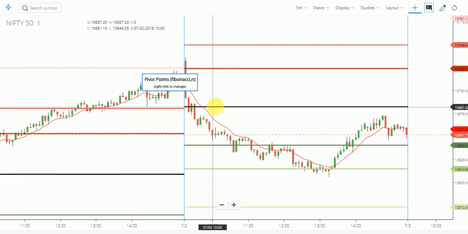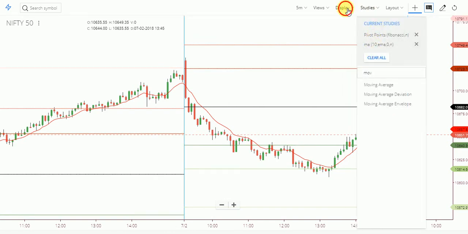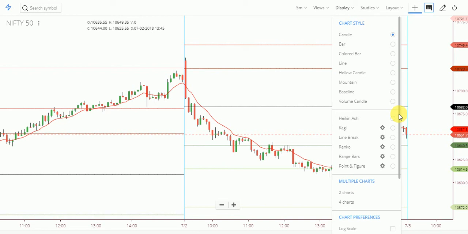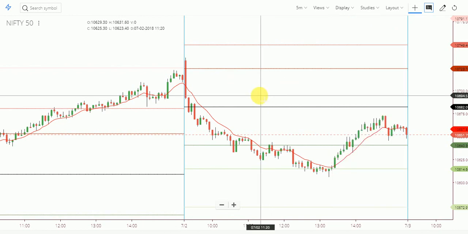That's the way of patience. You cannot blindly enter and just say let's see what happens. You are putting your capital at risk, and that's very dangerous.